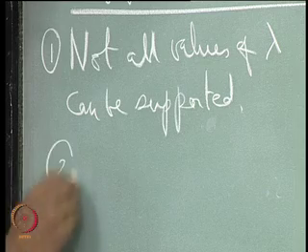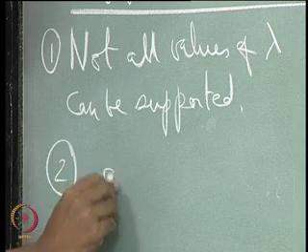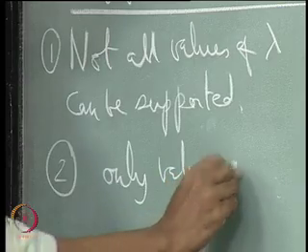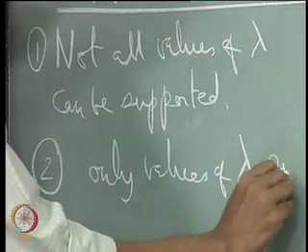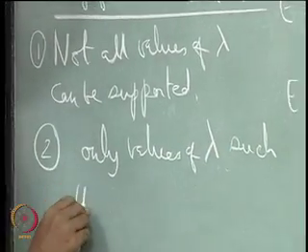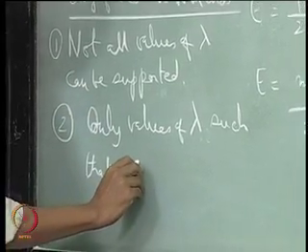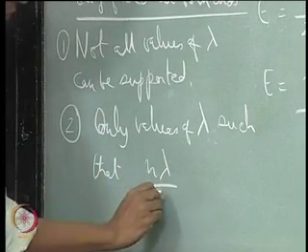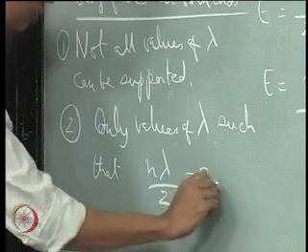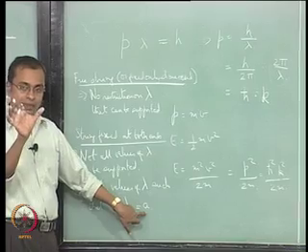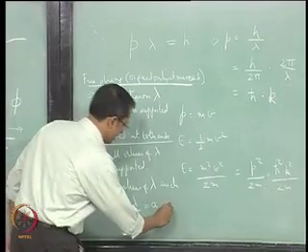So number 2, only values of lambda such that n lambda by 2 equals a, which is the distance within which that string is confined, can be supported.